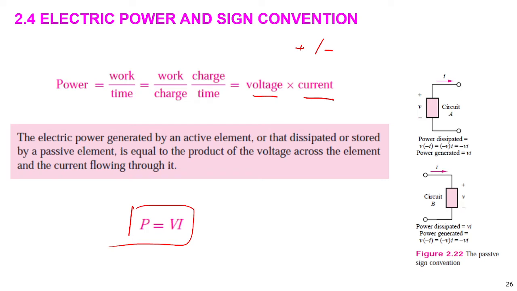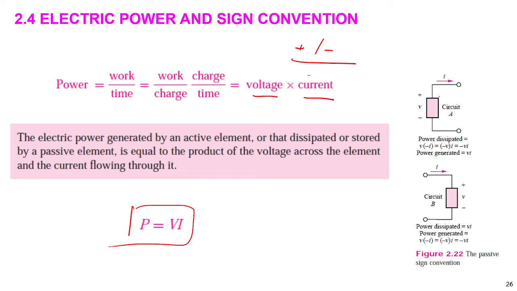The electric power generated by an active element, or that dissipated or stored by a passive element, is equal to the product of the voltage across the element and the current flowing through it. Then we use positive and negative to define whether the element generates or consumes the power.